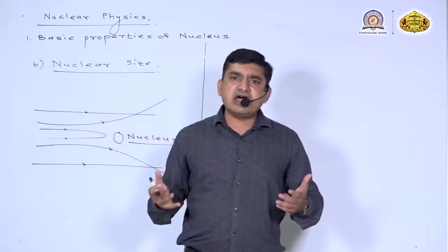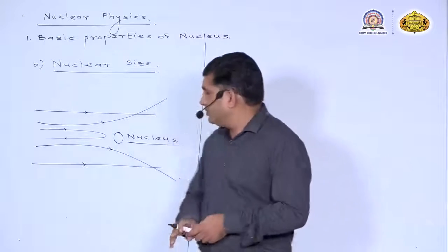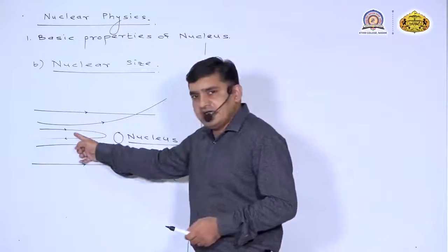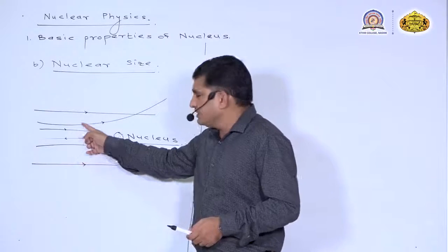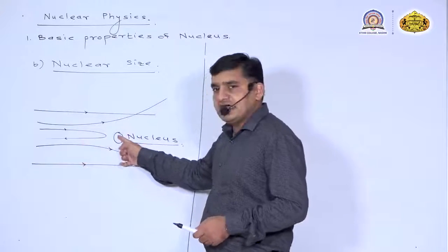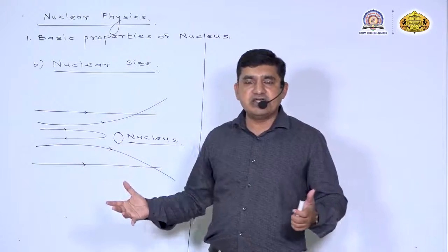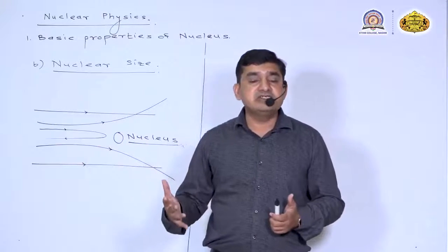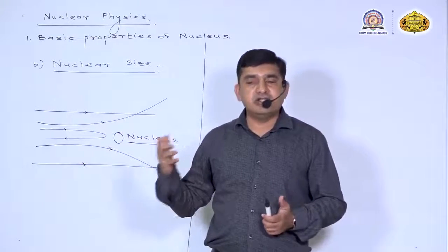So the effective charge on a nucleus is positive. The alpha particle has positive charge, the nucleus also has positive charge, and therefore there is a Coulomb repulsion.